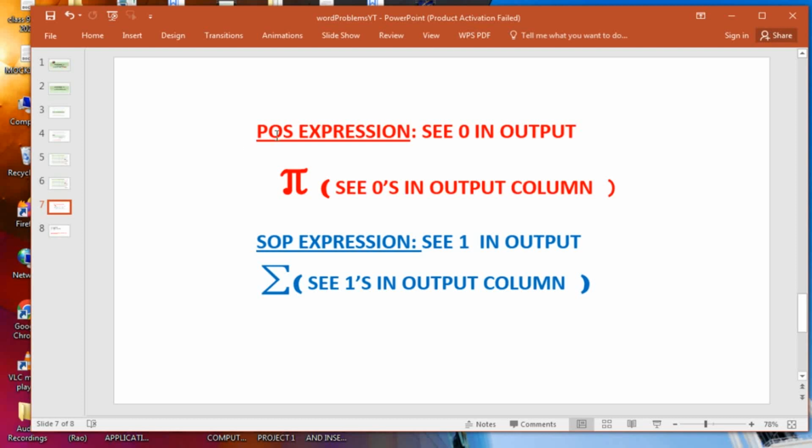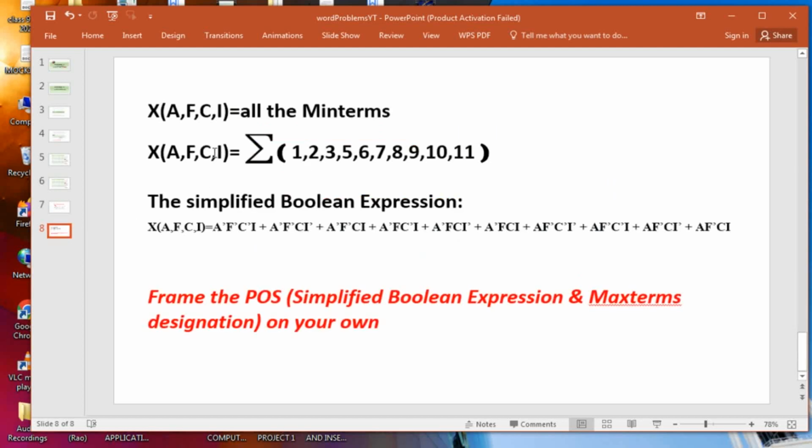And for POS expression, you have to see in the output column where you have 0, and you have to write the pi value, and in parentheses you have to write all the decimal values. So let us see for our expression what we have got.